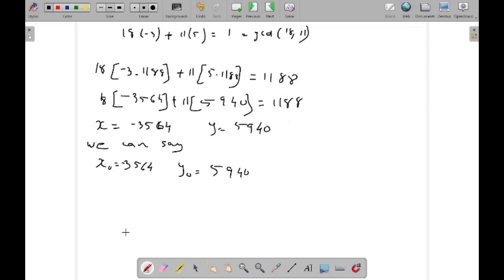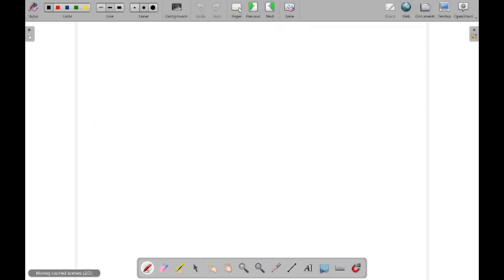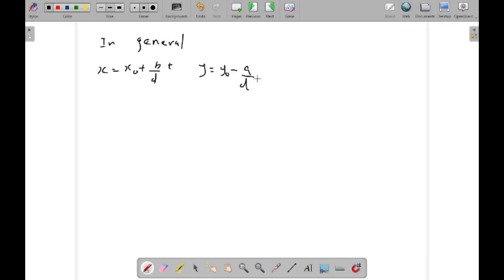Okay, then in general x equal to x0 plus b by d into t and y equal to y0 minus a by d into t. And we know d equal to 1.